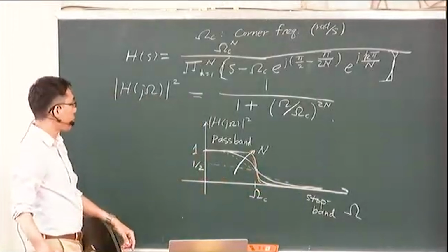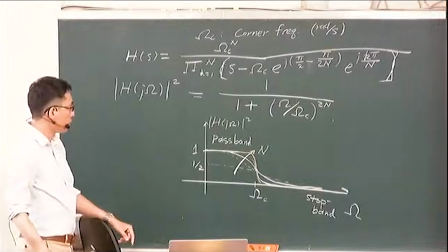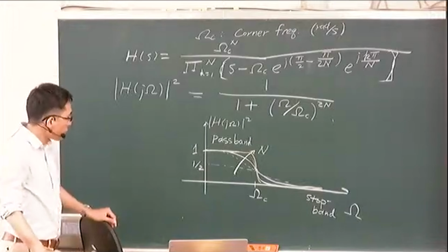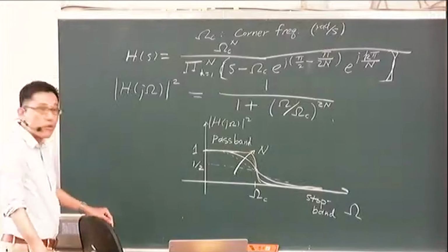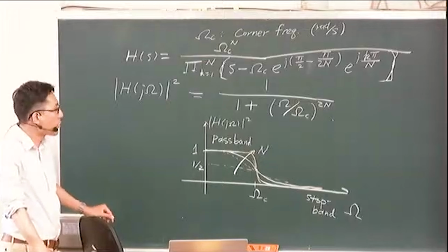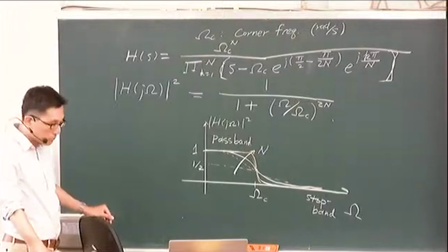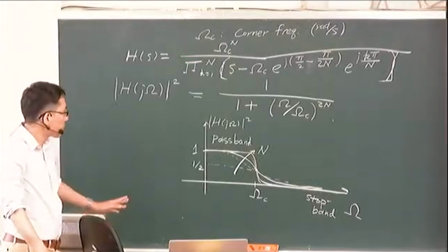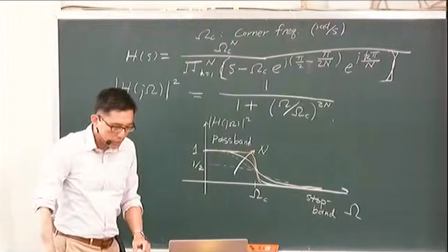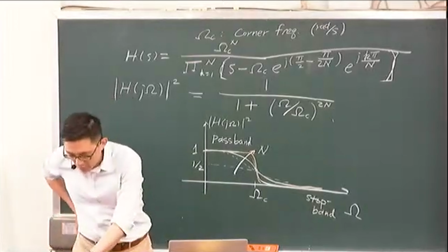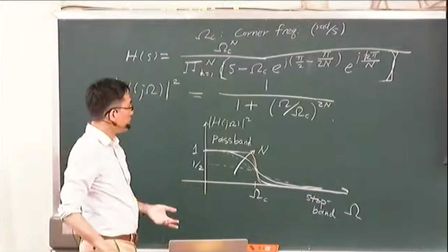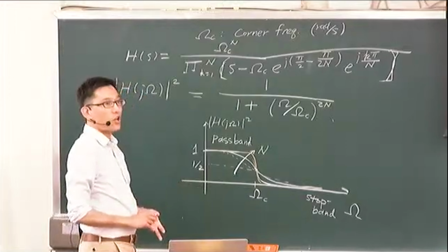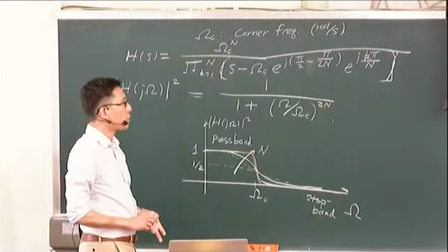Okay, so that's the first thing. Hopefully we have convinced ourselves that this is the way the magnitude response is going to vary when n increases. Okay, so far so good? Yeah? So that's the easy part. The more difficult part, now I think, let me just try to use the entire board. The next job is a bit more complicated.